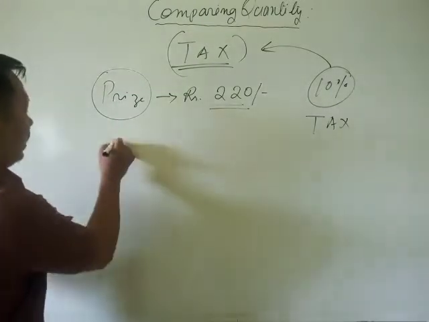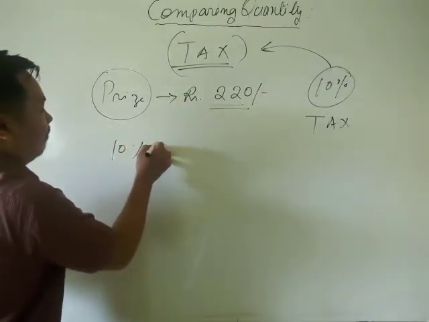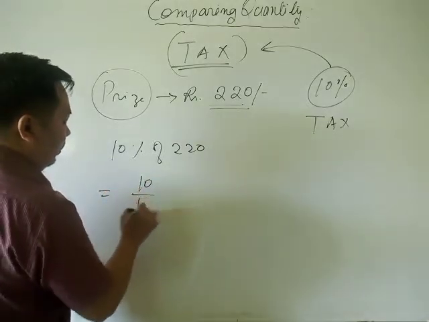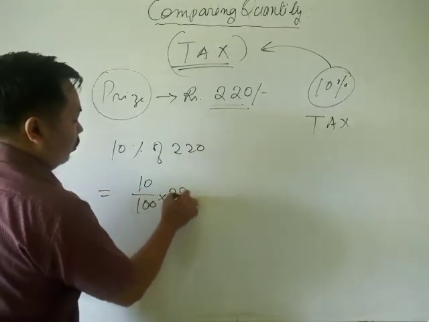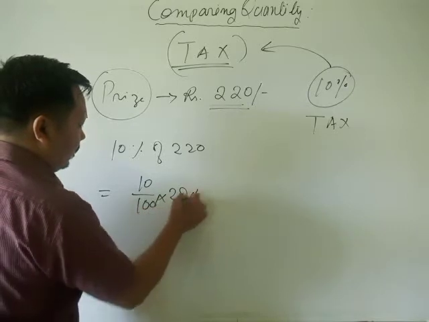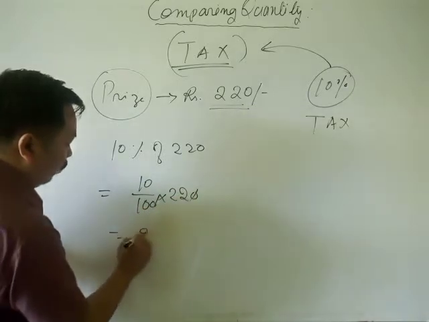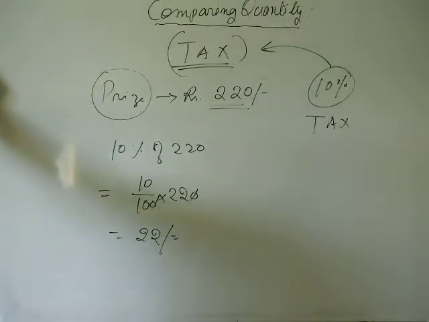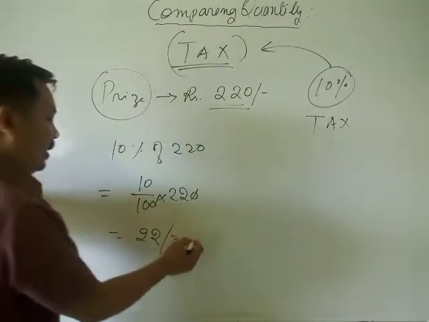So what is 10% of 220? It is 10 by 100 into 220, which is 22 rupees. So 22 rupees will be added here.